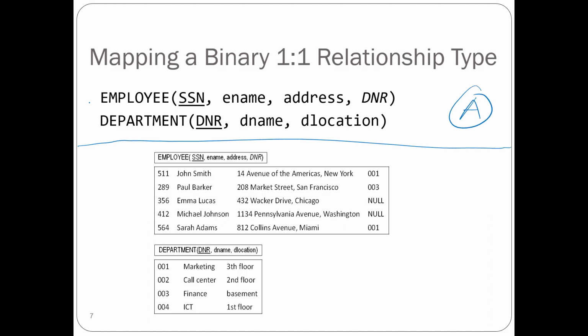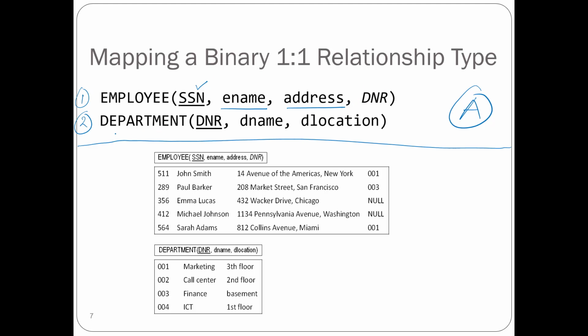Why? Because here we have two relations defined. Relation number one is employee, with the employee's attribute types here: social security number, SSN, as the primary key, EName or employee name, and the address for employee. For the time being, please ignore the other attribute, which is DNR or department number. We'll look into that later.